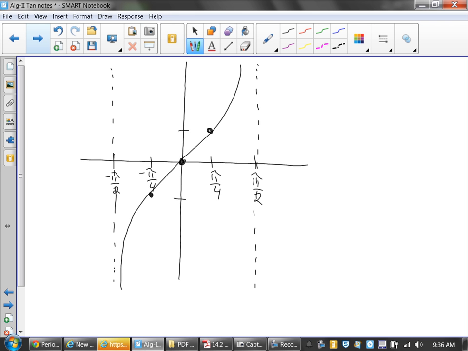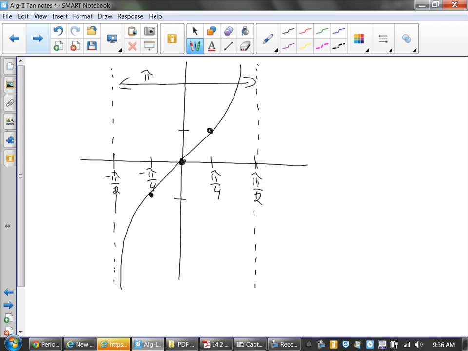Now, look at the graph. What's the period of tangent? Pi. How far apart are the asymptotes? Pi. So the period of tangent is always going to be pi.